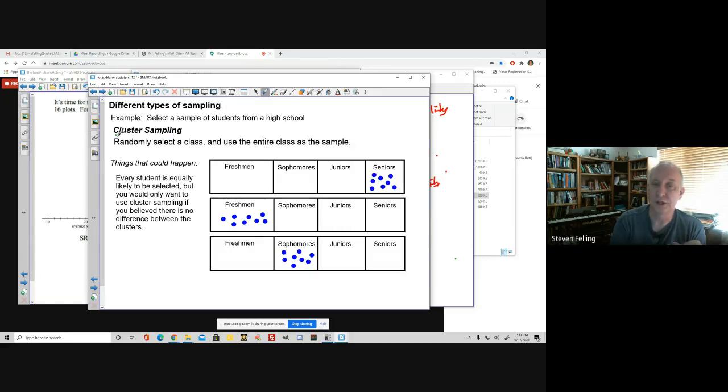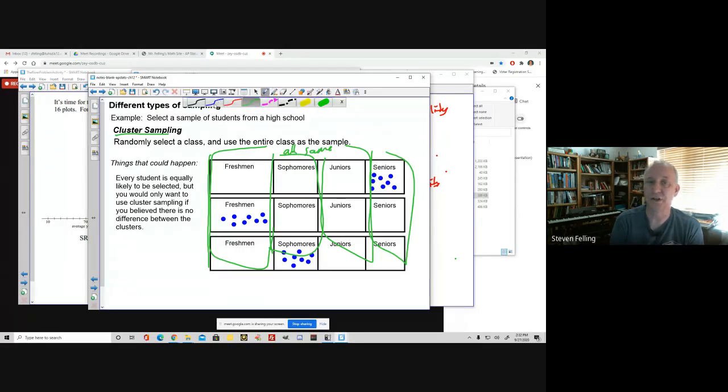If you decided to do cluster sampling, then you would be saying, okay, I don't think it matters whether somebody's a freshman, sophomore, junior, or senior. They're basically all the same. And so what I'm going to do is divide this into clusters by class, and then I'm just going to randomly pick a class, like roll a dice, and if it comes up number 4, it's going to be the seniors, and I'm just going to take all of the seniors.